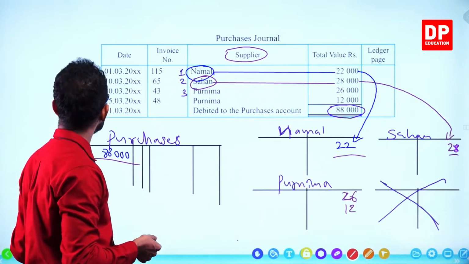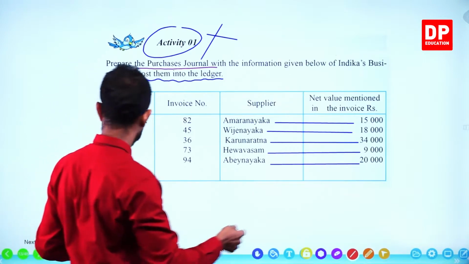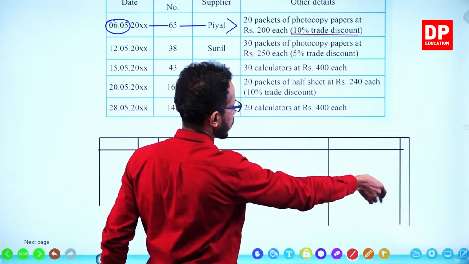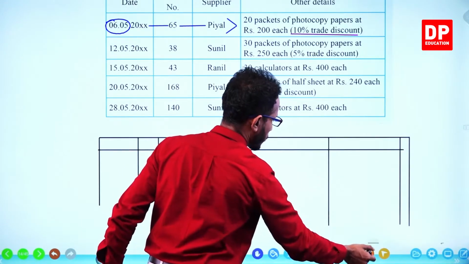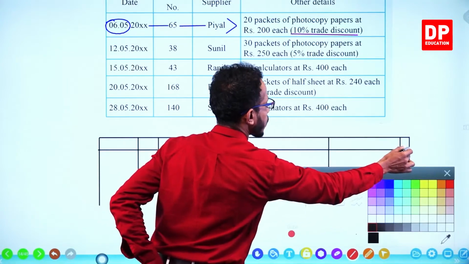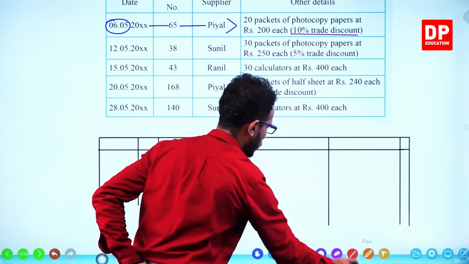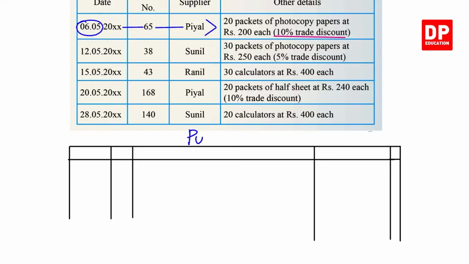Right, here you go. Yep, that's it. Let's name the columns. Write the name first. Purchases journal. Date.